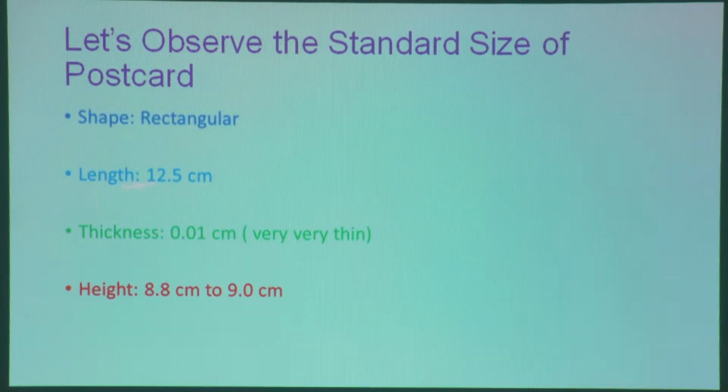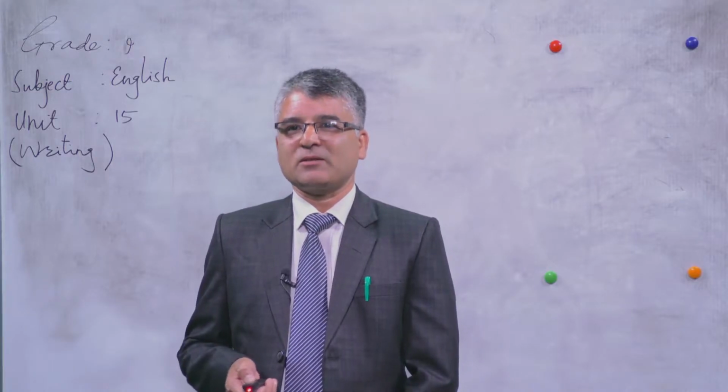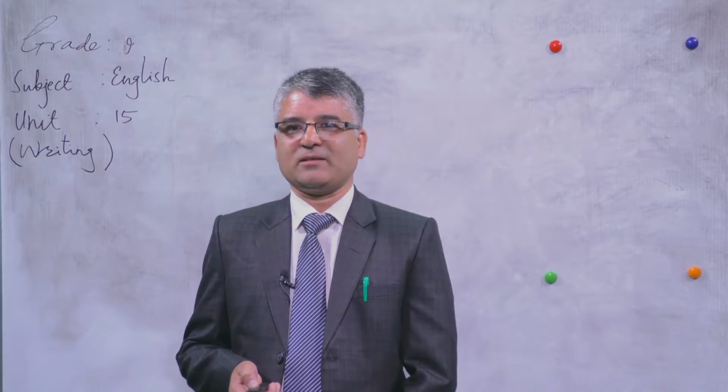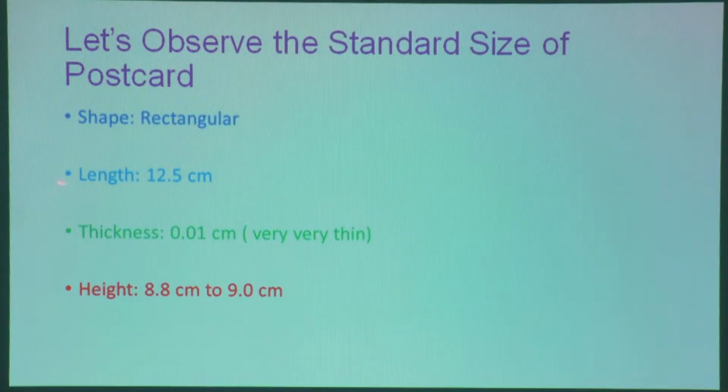The standard length of a postcard is 12.5 centimeters, and the thickness is 0.01 centimeter. It is very, very thin. You can't measure it with the scale you have, but postcards with such thickness are available in the market. The shape is rectangular, and the length must not be more than 12.5.